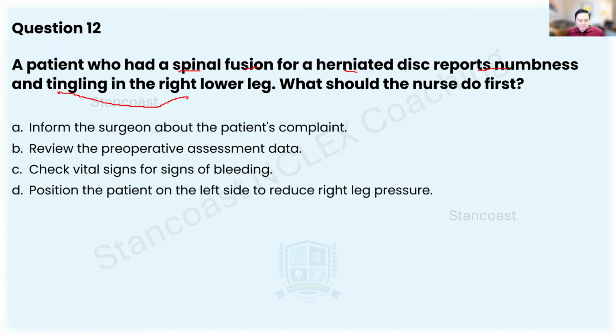What else? Anybody else who can answer this test question? Are you going to check the vital signs for signs of bleeding? Or are you going to position the patient? Or are you going to review the pre-op assessment data? Which of those options?